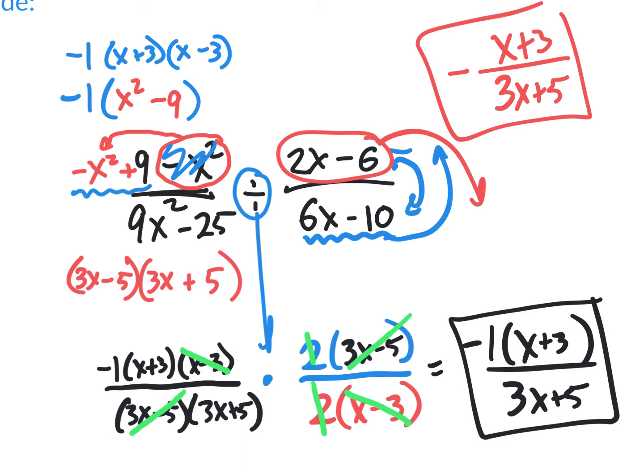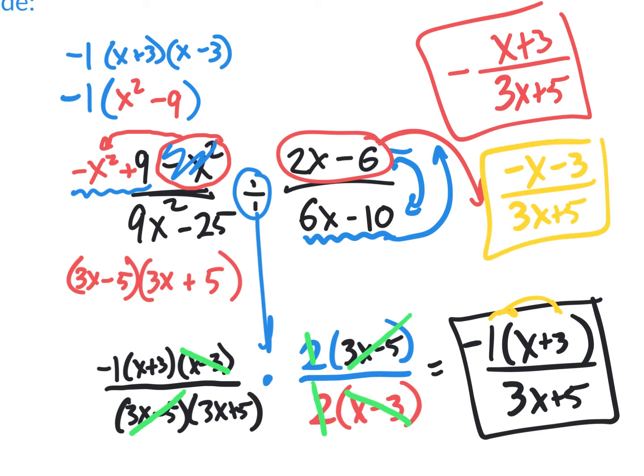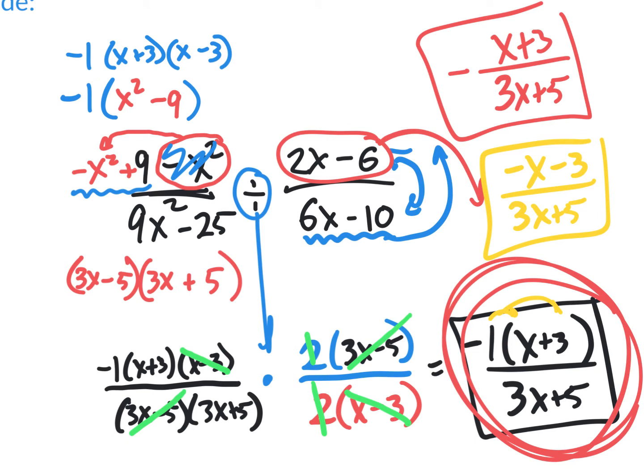Or even another acceptable answer, it would be to distribute that negative 1 inside to both. That'd be a negative x minus 3 over 3x plus 5. Now, I would stick with this guy right here. Why is that? Because it's in factored form and I could clearly see that nothing else cancels, right?